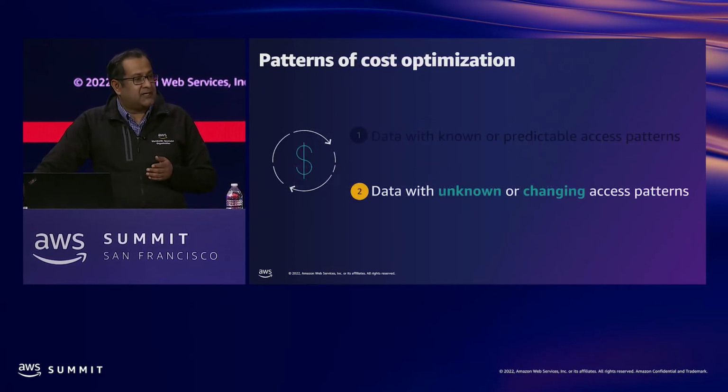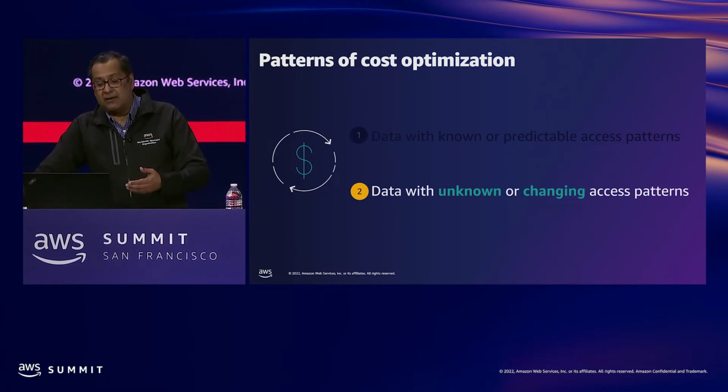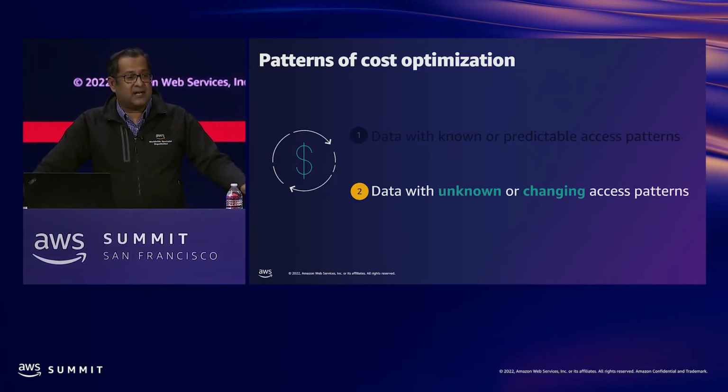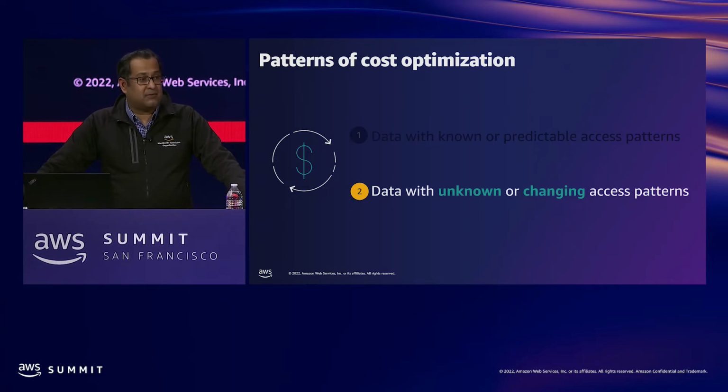But there's also another different data pattern, which is unpredictable or changing. In this case, you don't know what the access pattern is. You don't know when the data becomes cold, or the data may become cold and it may become hot again. And a great example of that is, again, data lakes or AI ML machine training models, right?